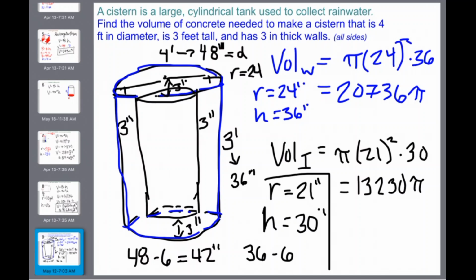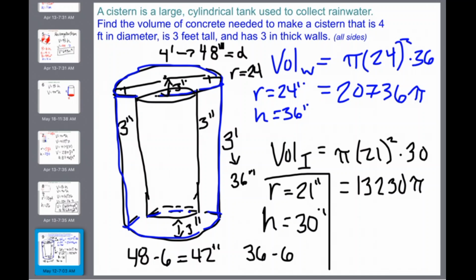All right, so we want to find the volume of the concrete. That's going to be basically the blue container without the black container on the inside. So we're going to be subtracting the 13,230 pi from the 20,736 pi.